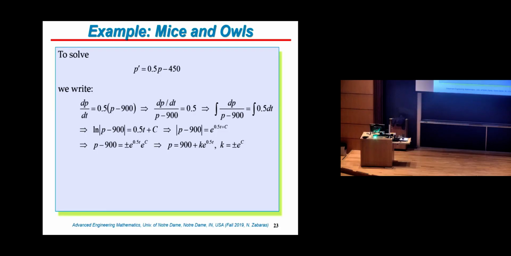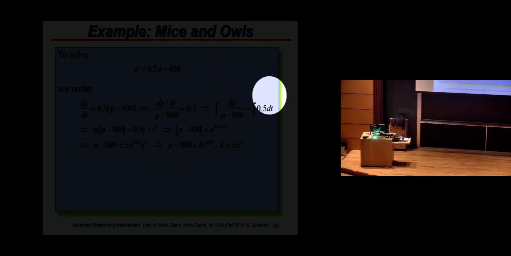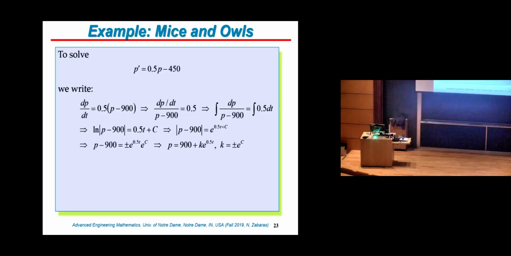So for example, this equation here is dp over dt, right? So you can rewrite the whole equation as dp divided by p minus 900 equal to 0.5 times dt. And then directly you can integrate that. Everybody can see that? I can do this because I only have one dependent variable and one independent variable.